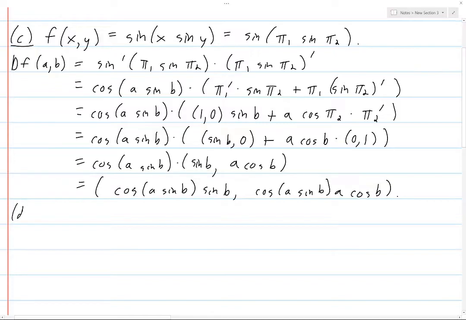So now we move on to part D, and here we have f of x, y, z is sine x sine y sine z. So this is just like another step.